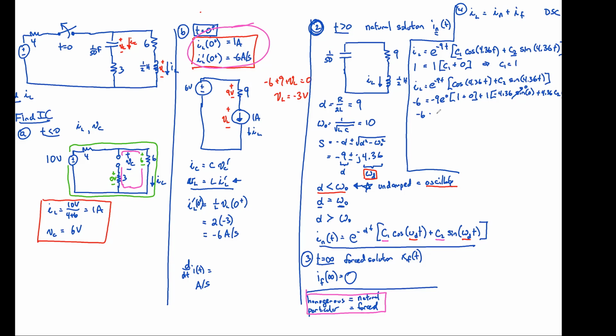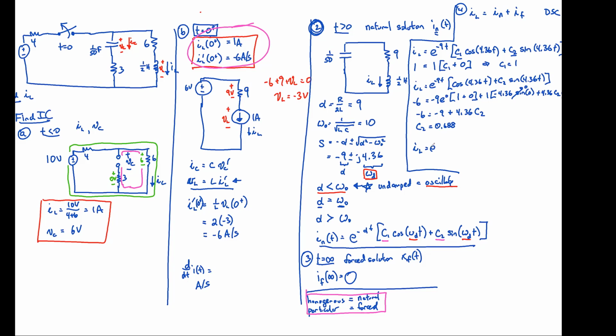So you get minus 6 equals minus 9 plus, from over here, 4.36 C2. And from that, you can figure out what your C2 is. It's 0.688. And so now you can figure out what your entire I sub L is.